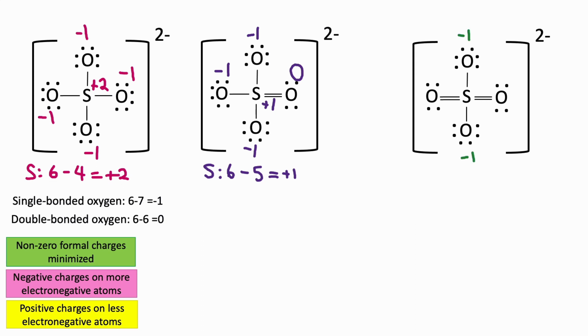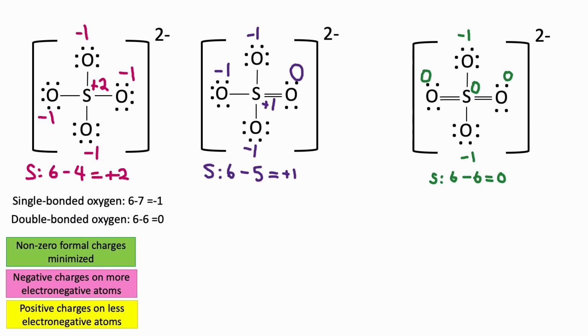We have 2 double bonded oxygens, and we've already calculated that the formal charge on a double bonded oxygen will be 0. And then we have to calculate our sulfur. We know that sulfur normally has 6 electrons when it's on its own. It now has 6 shared electrons and no unshared electrons, so that gives it a formal charge of 0. Okay, now we have 3 atoms with formal charges that are 0 and 2 that are non-zero.